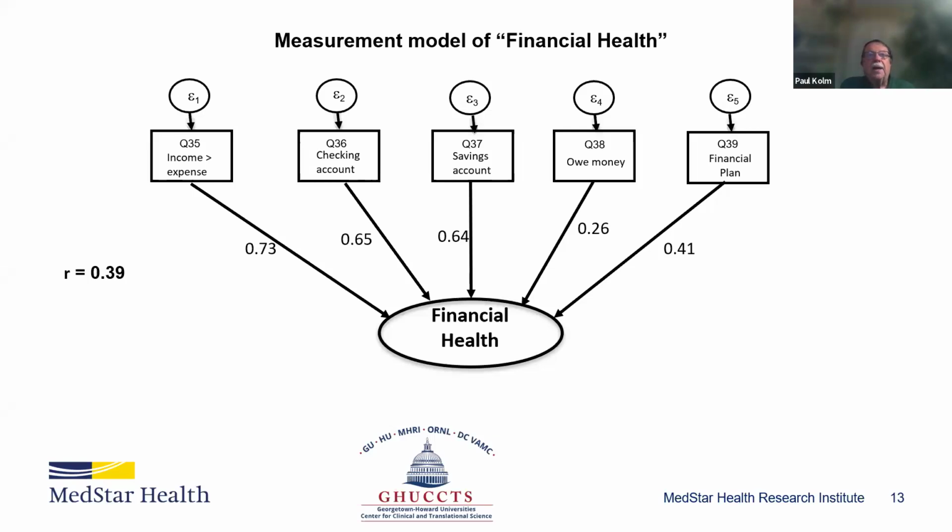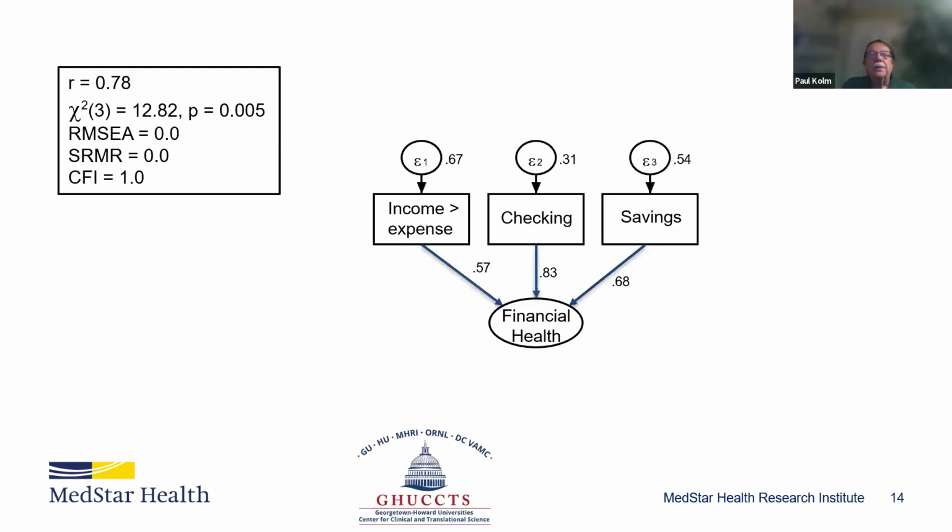So we can see that the first 3 have pretty high factor loadings. The last 2 not so great. But our reliability index is only about 0.4, so we don't have a real great model here in terms of the reliability.